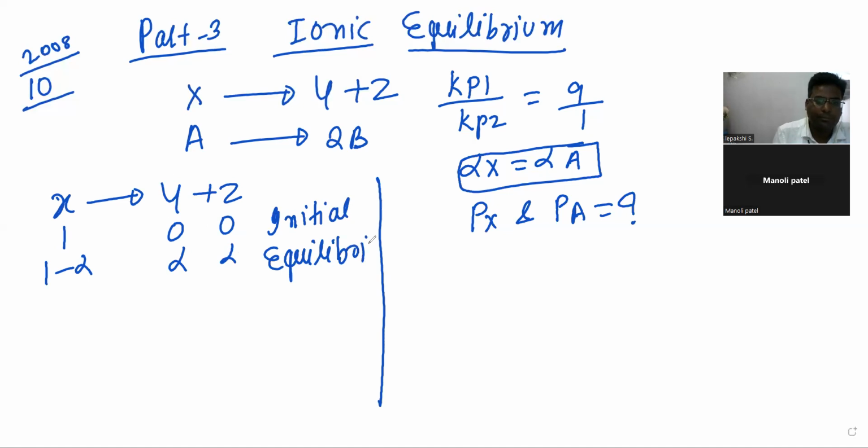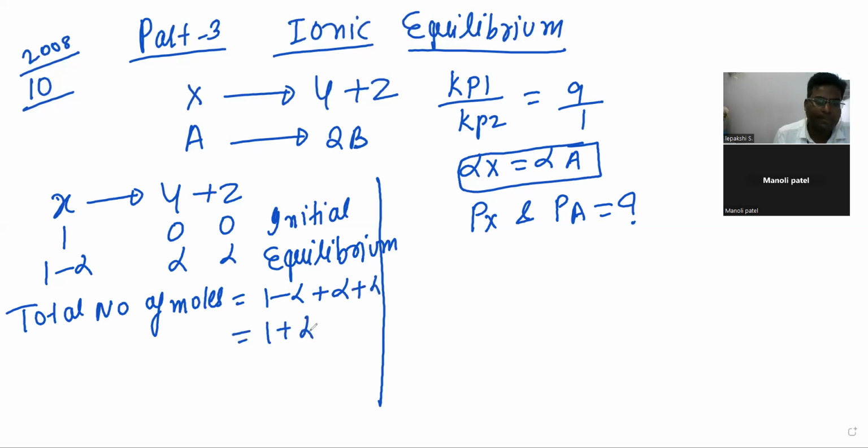So now find the total number of moles. The total number of moles is 1 minus alpha plus alpha plus alpha, which becomes 1 plus alpha.